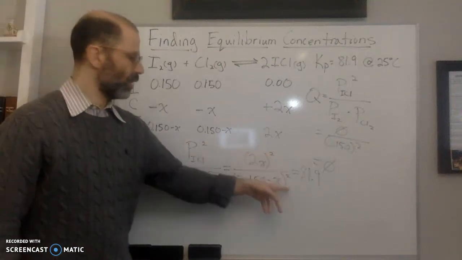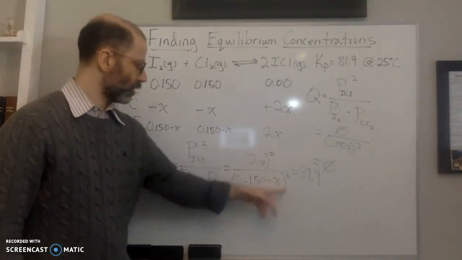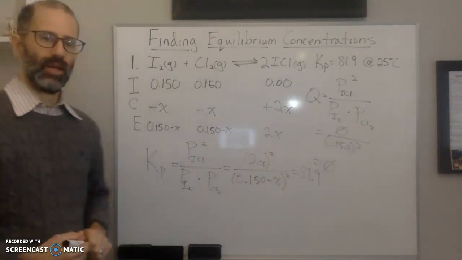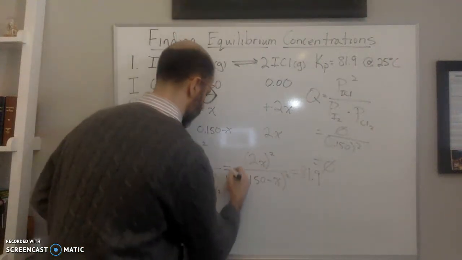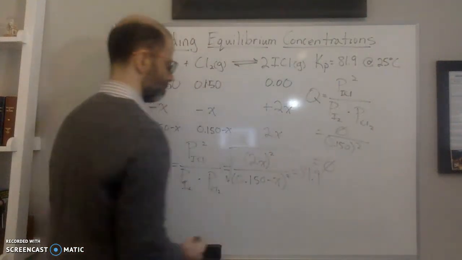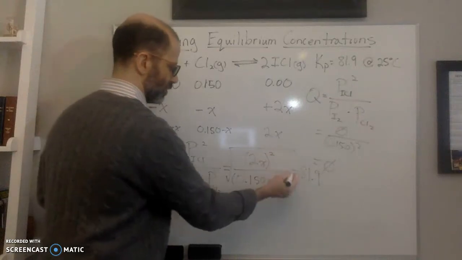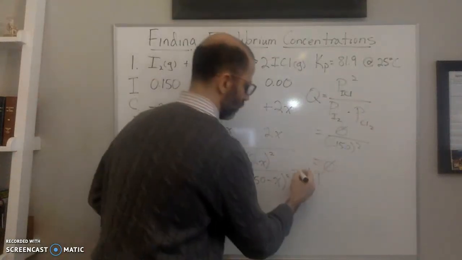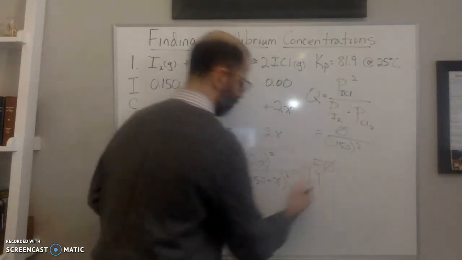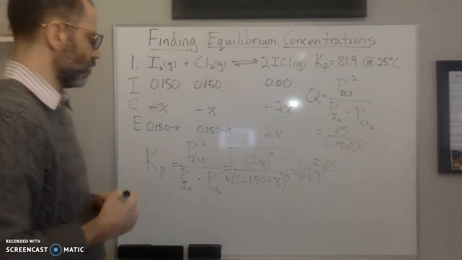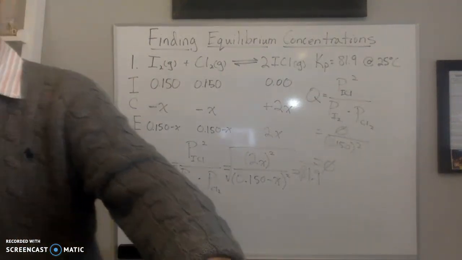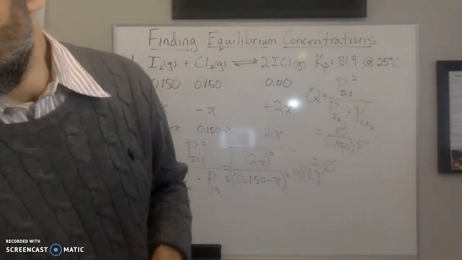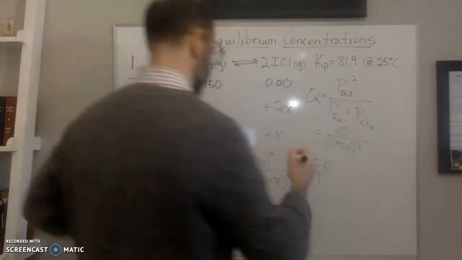And since we have a square here, we can take the square root of this to get rid of the square. So we can take the square root of this. That'll get rid of the squares. And we'll have to take the square root of this as well. So then let's use our calculator. So this is 9.049.